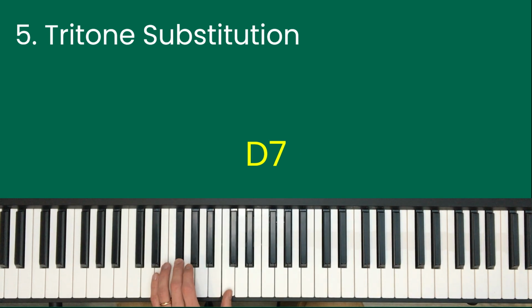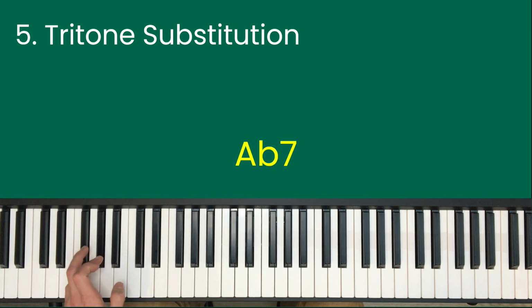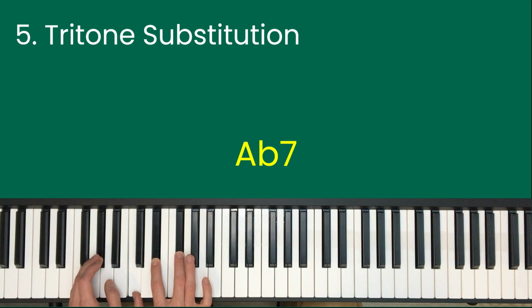Okay, but the interesting thing about this interval, the 3rd and the 7th in D, if we look at the root note and we look at the chord which is a tritone away from that, in this case is A flat, you will see that A flat dominant 7th also has the same tritone.